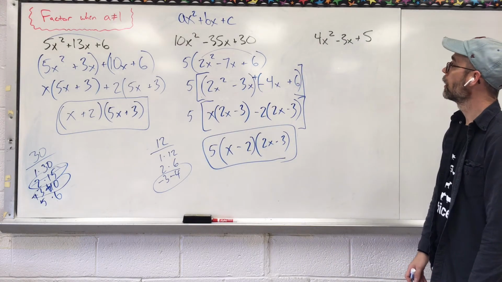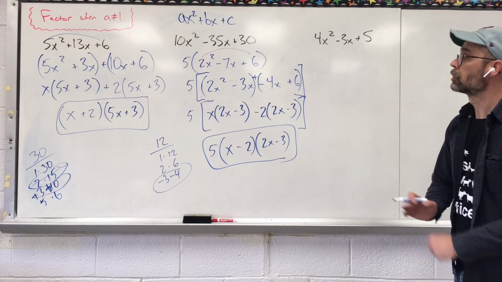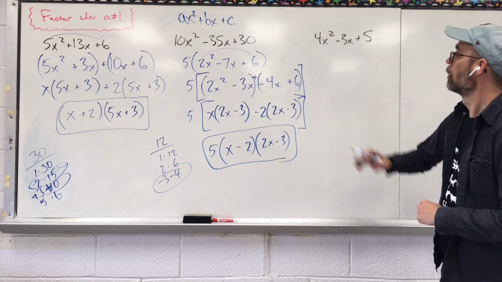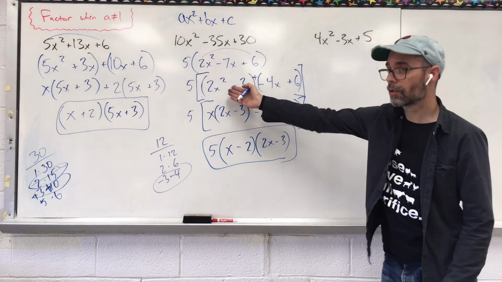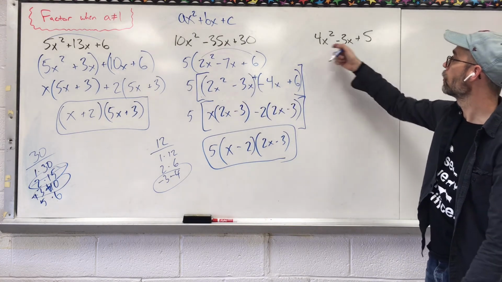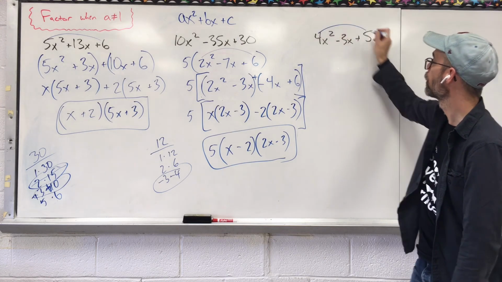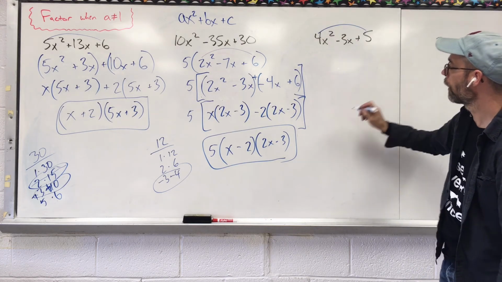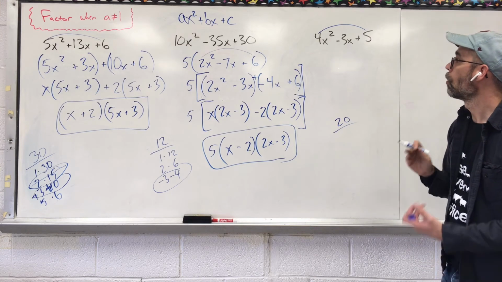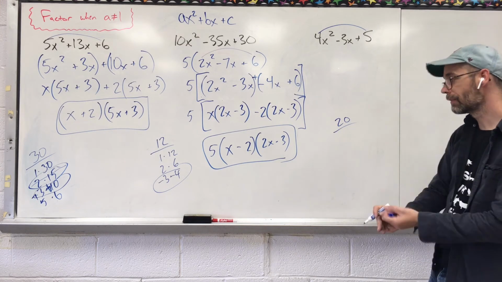All right, and one more. So we could take something out here. Let's see if we could take anything out here. 4, 3, 5. We don't share anything. There's nothing we could factor out. So next step. Let's multiply these together. 4 and 5 gives us 20. What are two numbers multiplied together to give us 20?